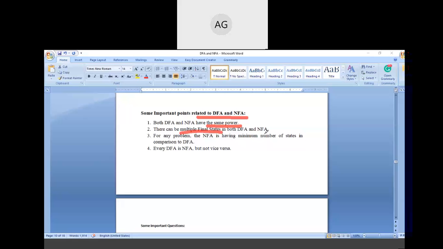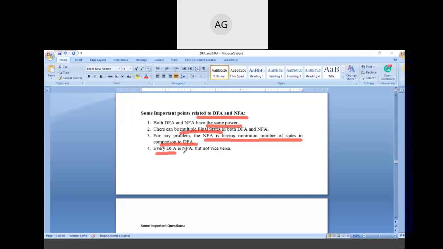The third point is for any problem, the NFA has a minimum number of states in comparison to DFA. That's why the DFA takes more space than the NFA.